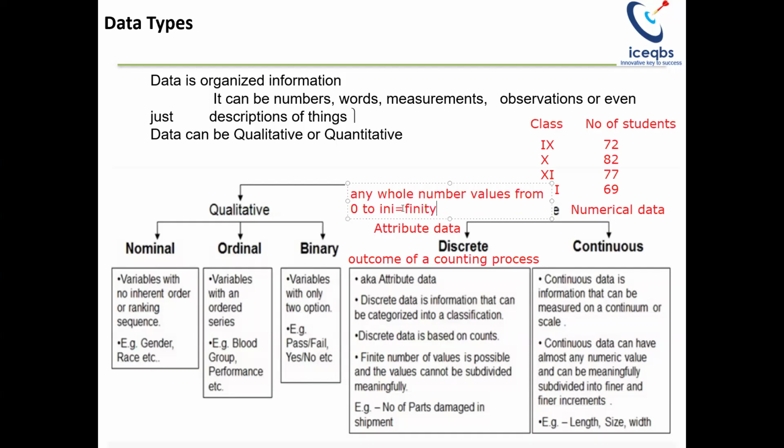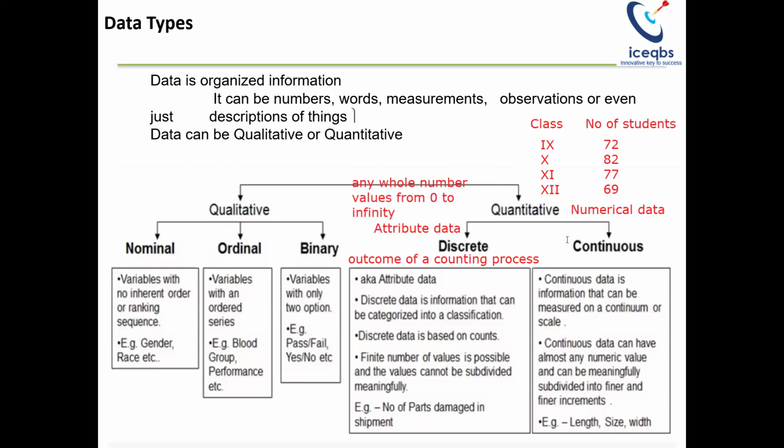So no negative numbers, no fractions, no decimals. Only distinct values 0, 1, 2, 3, 4 up to infinity. So that is about discrete data. This is the outcome of the counting process.